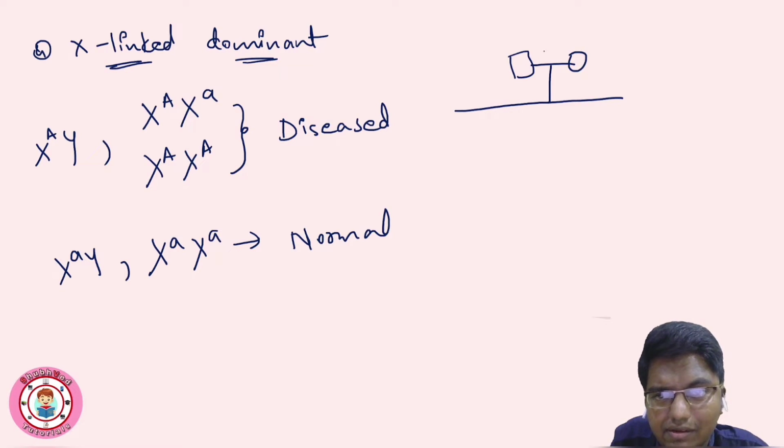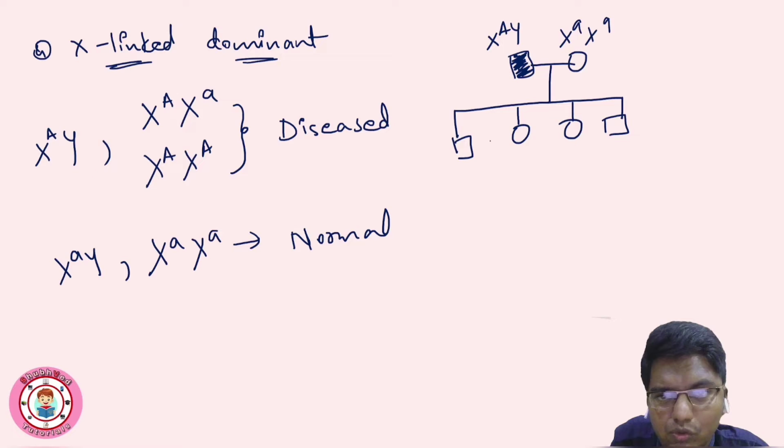If from these parents we make this affected here, then this will be this condition, and this is XA, right? Then if I draw two male offspring and two female offspring, who will be affected here?